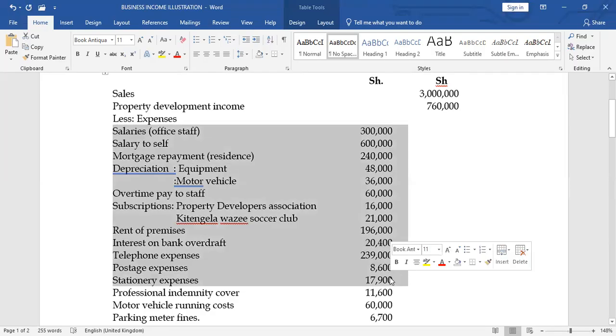The expenses that I've highlighted, identify the ones that are allowable and the ones that are not allowable. Take note of them. Now this one looks like a typical examination question.